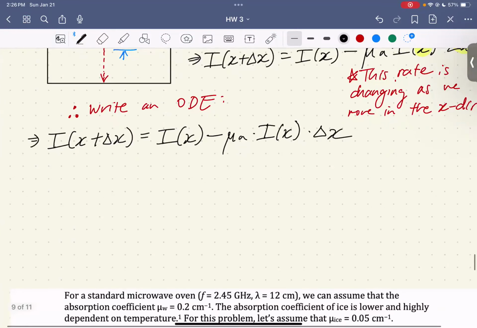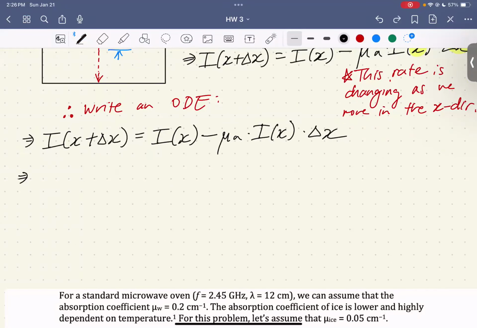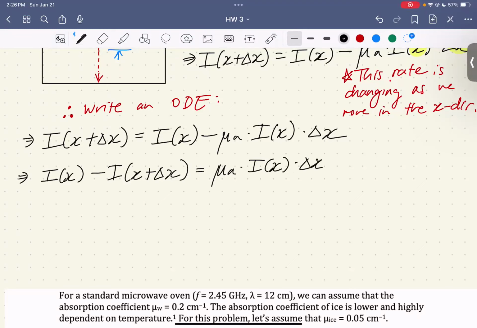Great. So that means let's move the I of x plus delta x term over to the right-hand side, and let's move all of this over here. So we have I of x minus I of x plus delta x, and that is equal to mu A times I of x times delta x. And I'm going to divide both sides by delta x, and that means that's gone.